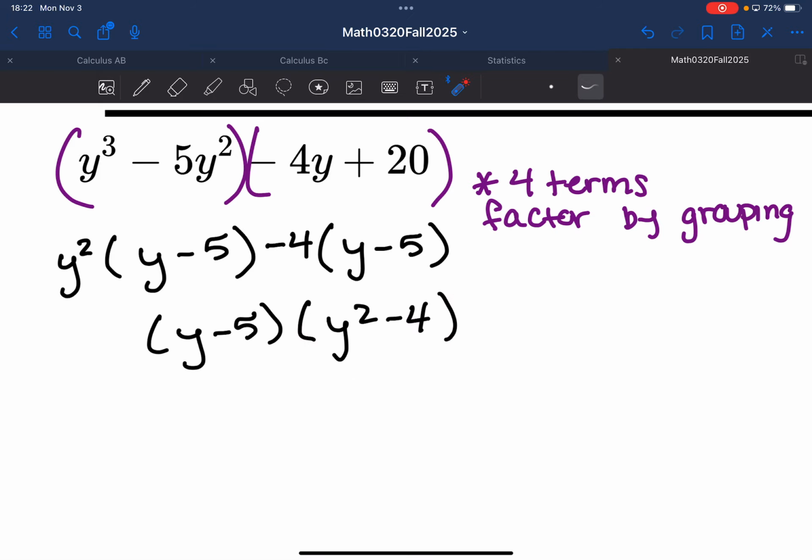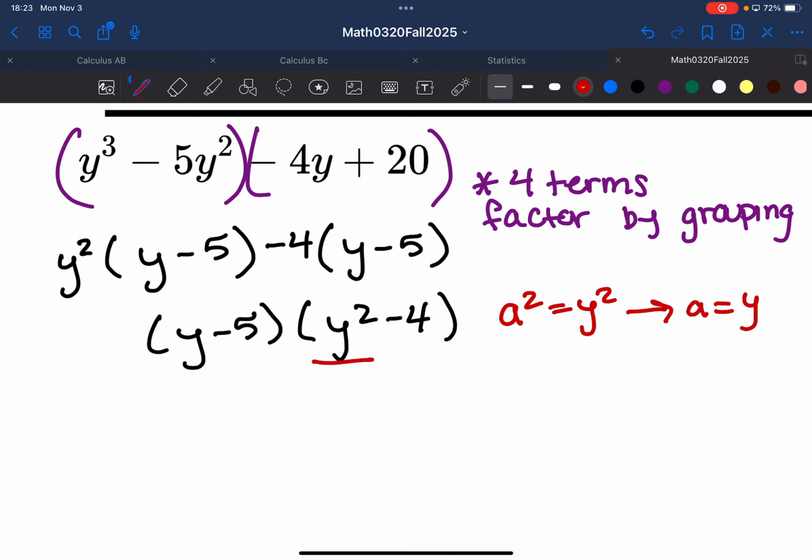Yes, and I know that because I can take the square root of y squared and I can take the square root of 4. So then from here I know a squared is equal to y squared, which means a is equal to y.